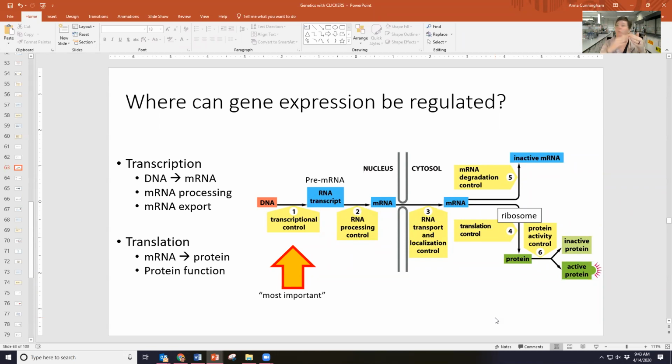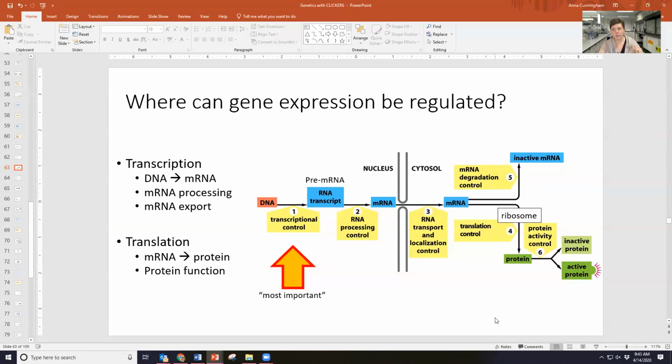And with transcription, we don't transcribe the entire genome all at once. The reason is because we don't need all of our proteins all the time. We only need them basically circumstantially. We only need lactase when we are actively drinking milk. Why waste the energy to make that enzyme unless we need it right then, right? So that's what gene regulation allows us to do, is basically decide what genes are expressed and when and how much.